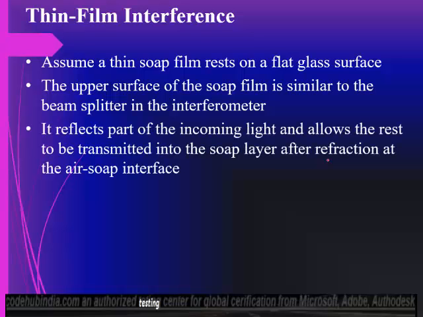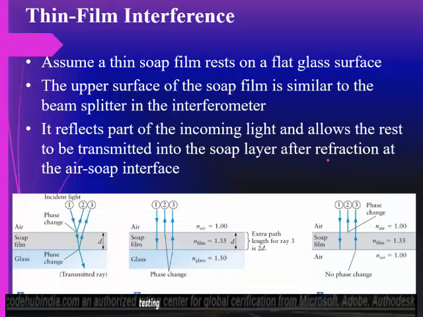So it reflects part of the incoming light and allows the rest to be transmitted into the soap layer after refraction at the air-soap interface. Air, thin soap film, that is the thickness of the layer.